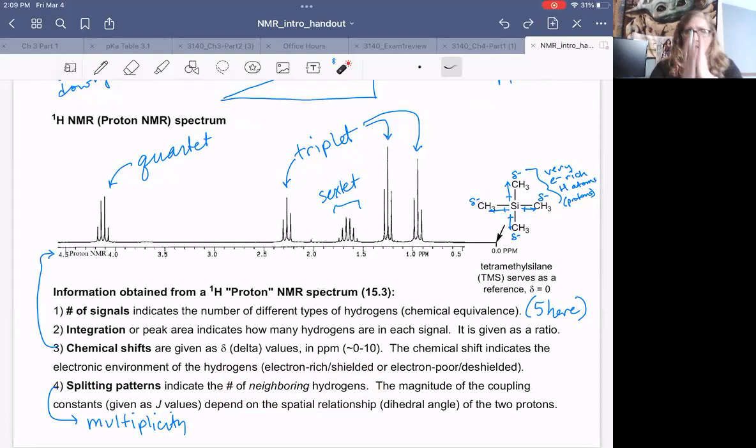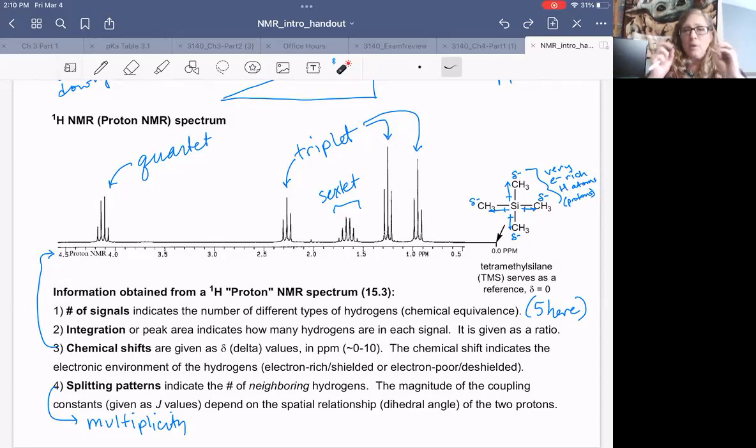The distance between the peaks is called the J value, or coupling constant. When these 2 protons are causing each other to split, we describe them as being coupled. Where does that number come from? It depends on the spatial arrangement between those neighboring protons, more precisely the dihedral angle. Sometimes we have very small J values, sometimes very large J values. Usually they're just averaged out to somewhere in between.